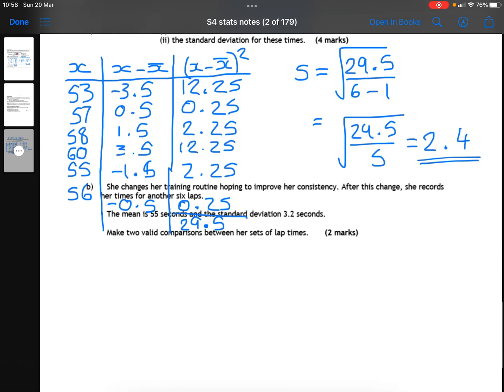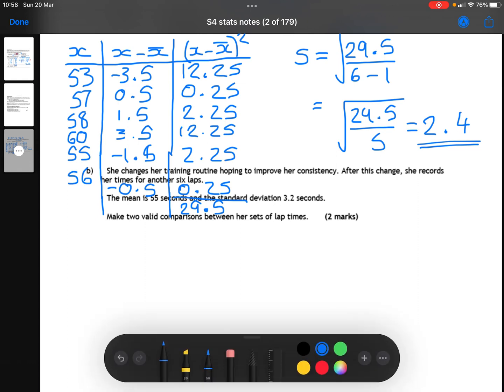The last 2 marks come from being able to compare the data set that we've calculated the statistics on with 2 statistics that are given to us from another set of data. Okay, so the question we have then for B is that the runner changes her training routine, hoping to improve her consistency.